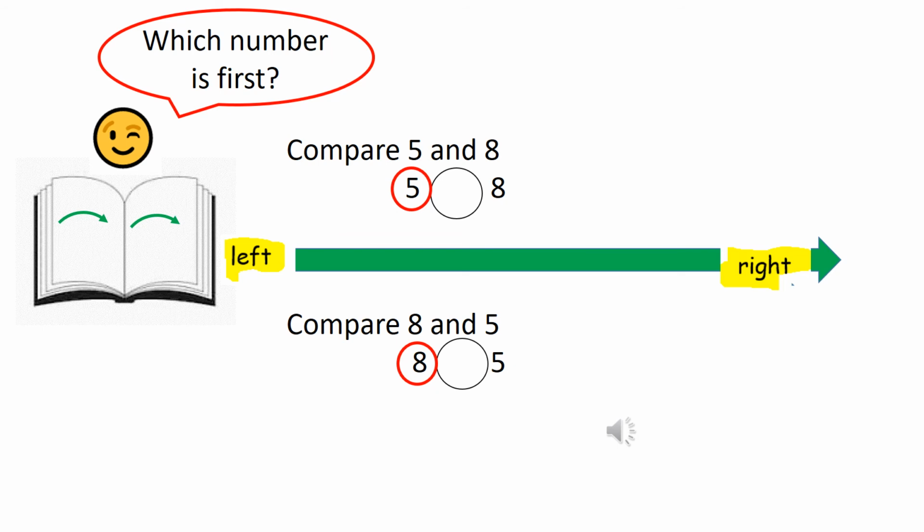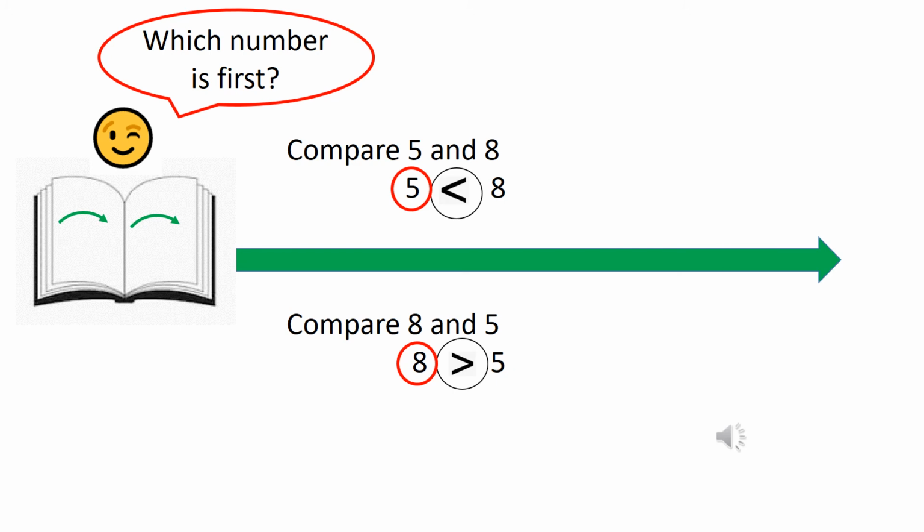In this problem, 5 comes first. Now look at the problem below the green arrow. It says compare 8 and 5. So in this problem, the bigger number, 8, is first. The important question to remember is which number is first, reading from left to right.